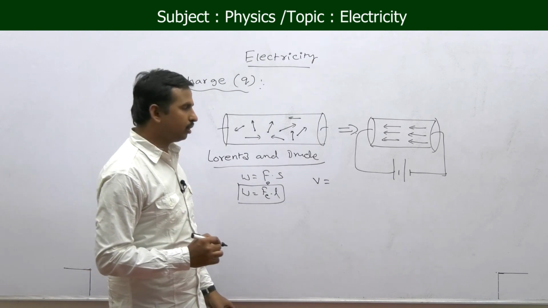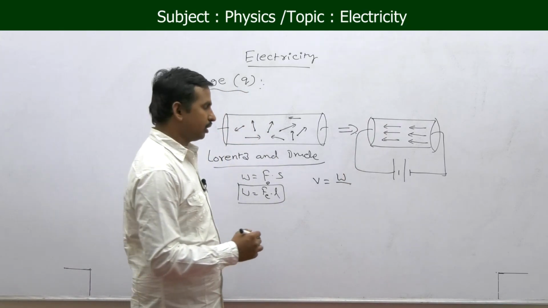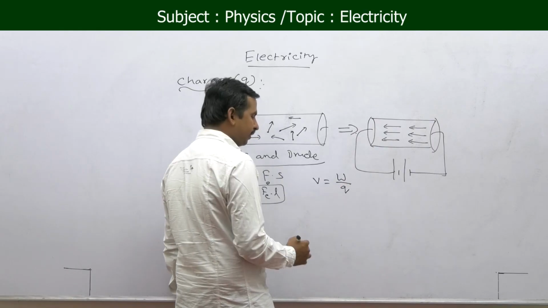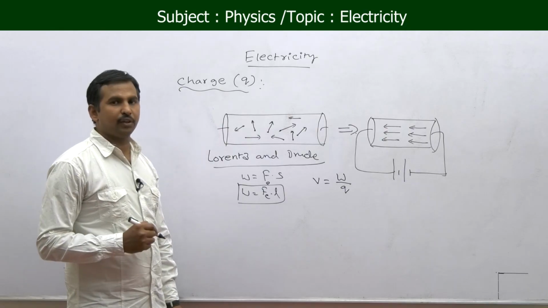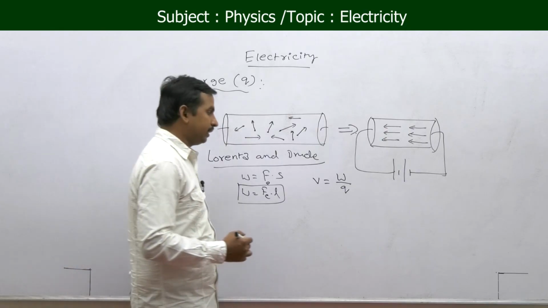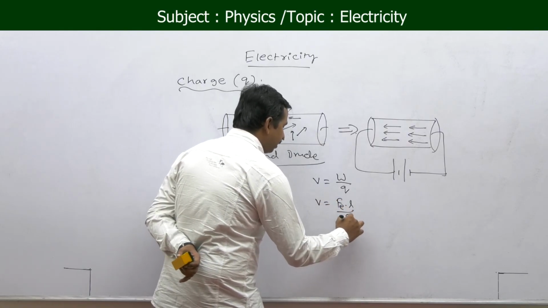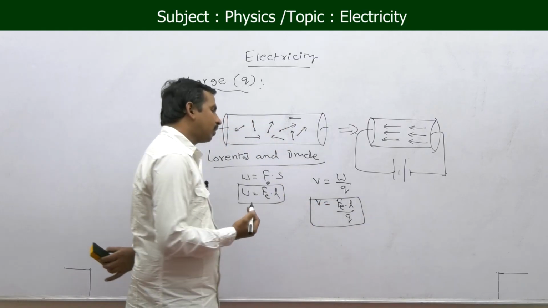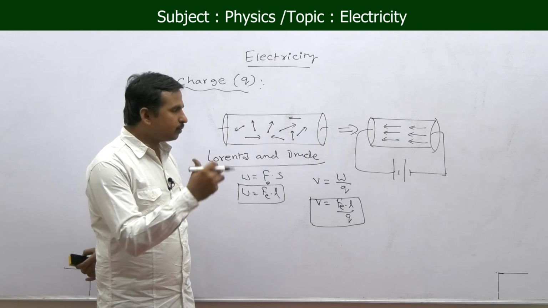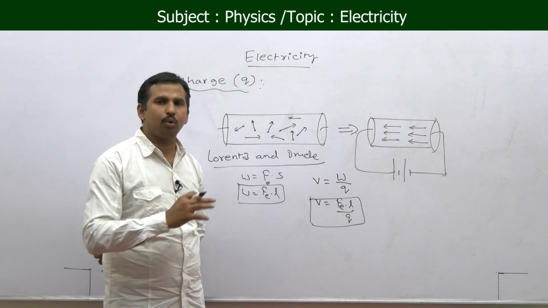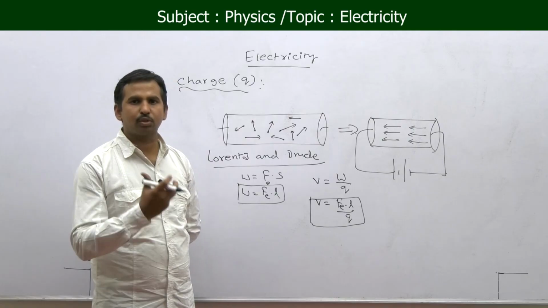Potential difference V is equal to the work done by the battery on the unit charge, V is equal to W by Q. We already know W is F into S, taken as Fe into L, so V is equal to Fe into L by Q. So this battery does work on the electrons going in different directions, and due to this work done they go in one particular direction, which causes the current.